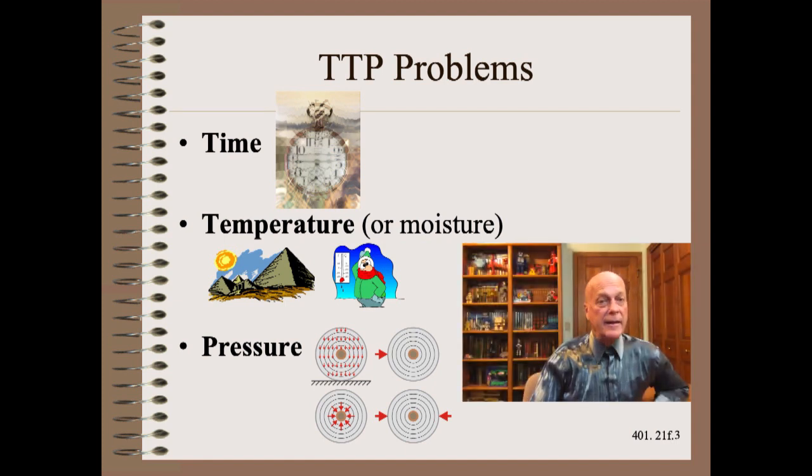The next key concept is that many processes, including those in manufacturing and converting and storage, are TTP problems. TTP stands for time, temperature, and pressure. However, for all paper as well as some other materials, moisture acts almost in the same manner as temperature.